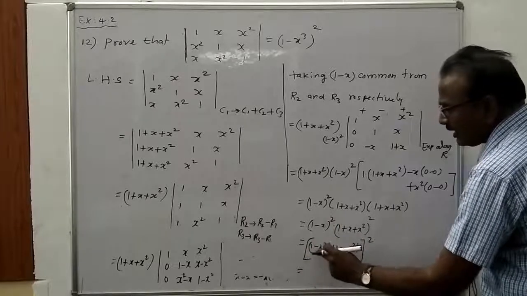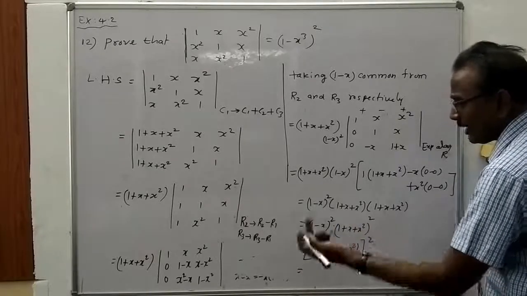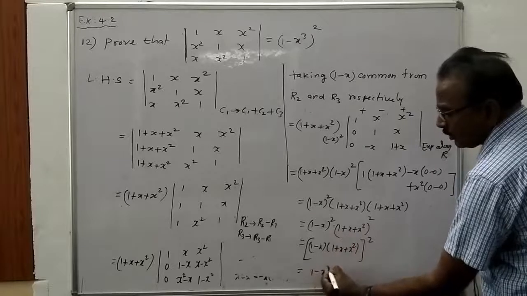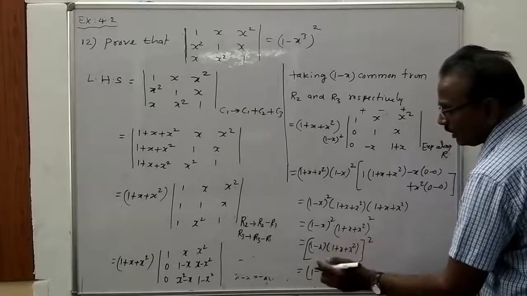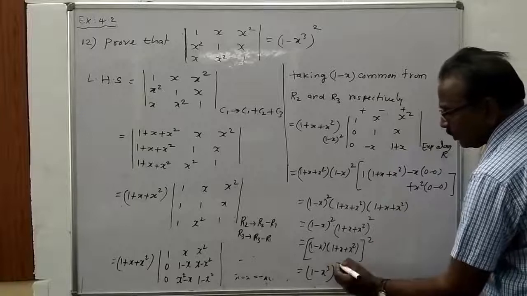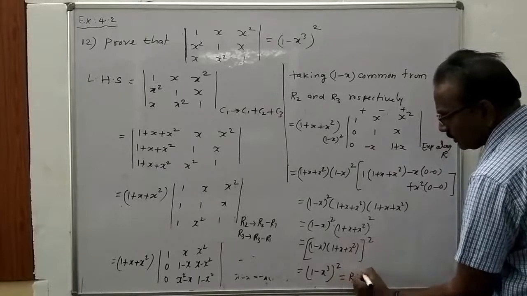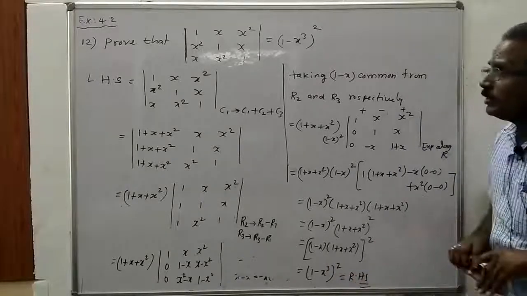So this (1 minus x) into (1 plus x square) is the same as 1 minus x cube, a cube minus b cube formula, so (1 minus x cube) whole square. So this is RHS. So this is the proof of 12th question.